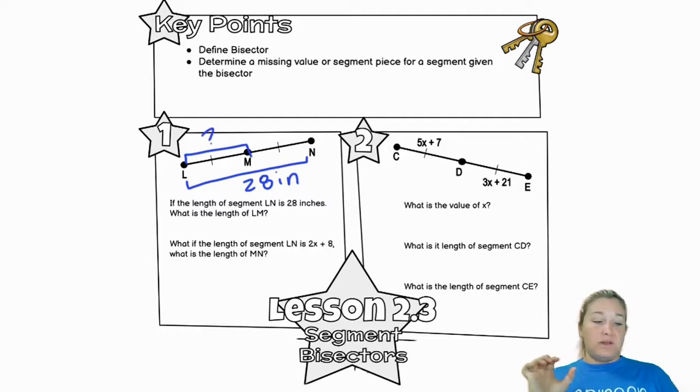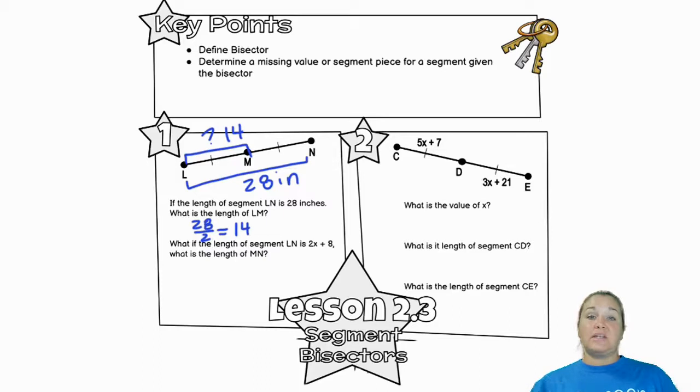Since it cuts it into equal parts, I can take the whole length, 28, divide it by 2, and I am going to get 14. So the length of LM is 14.